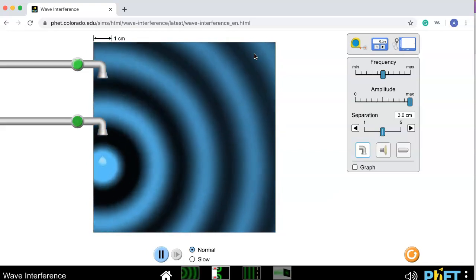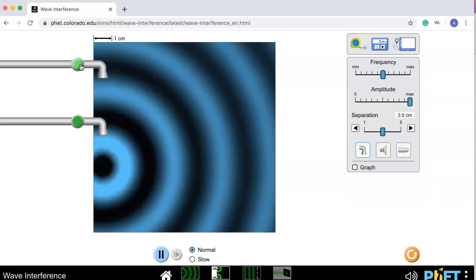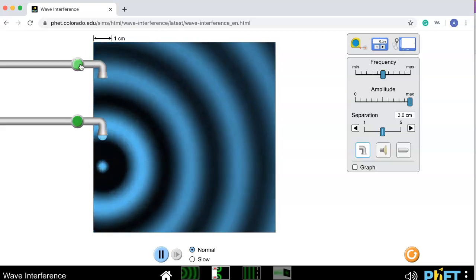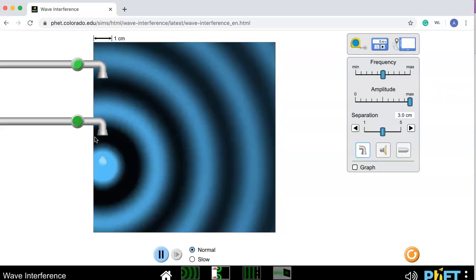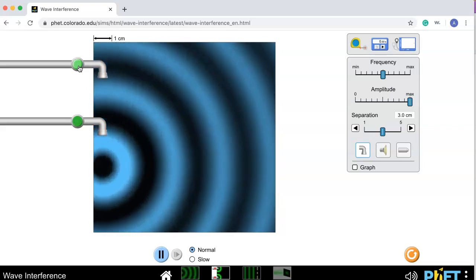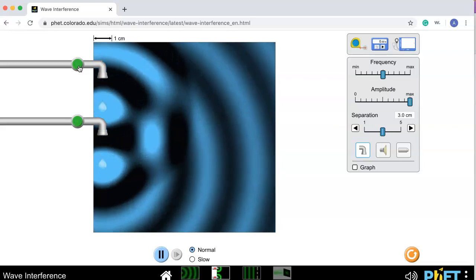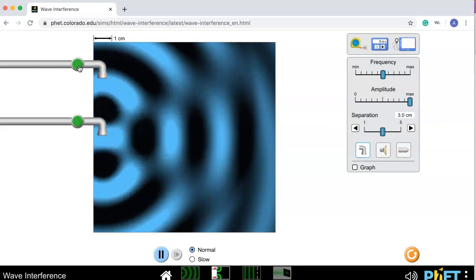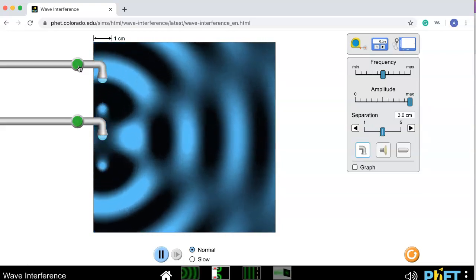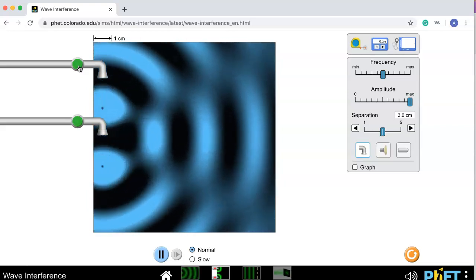All right, so now I want to do it in phase, so let's try to time it. When one drop falls, I click this. Yeah, see, they're falling together. Now I would have two sets of circles, right?